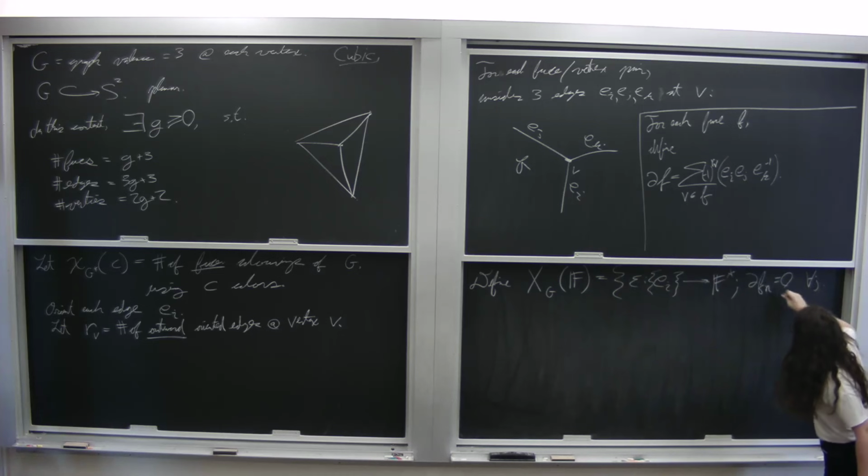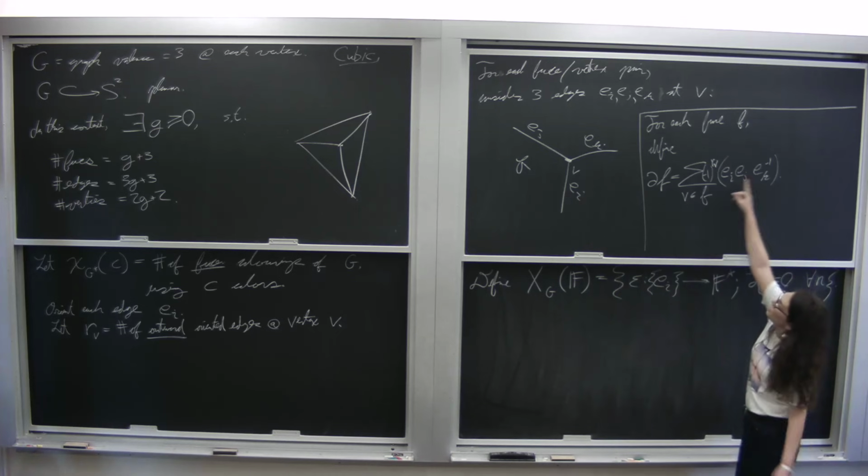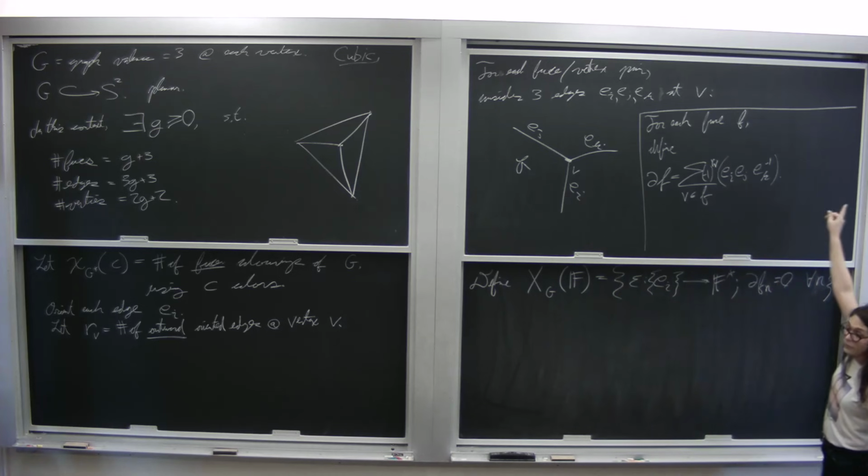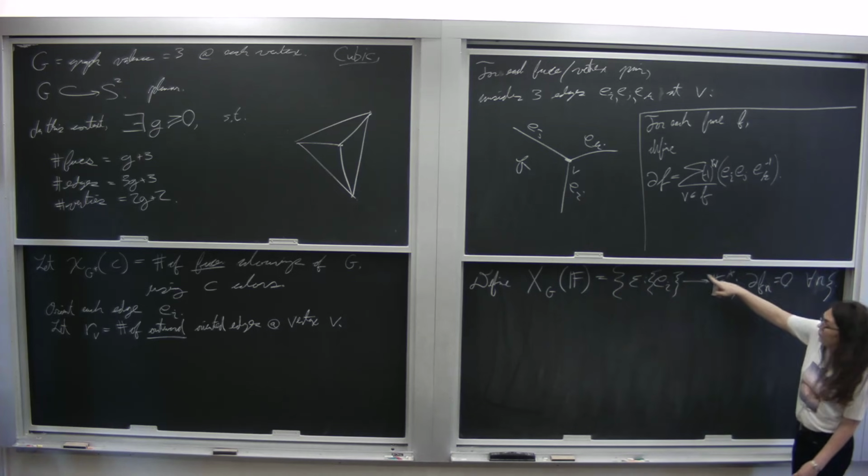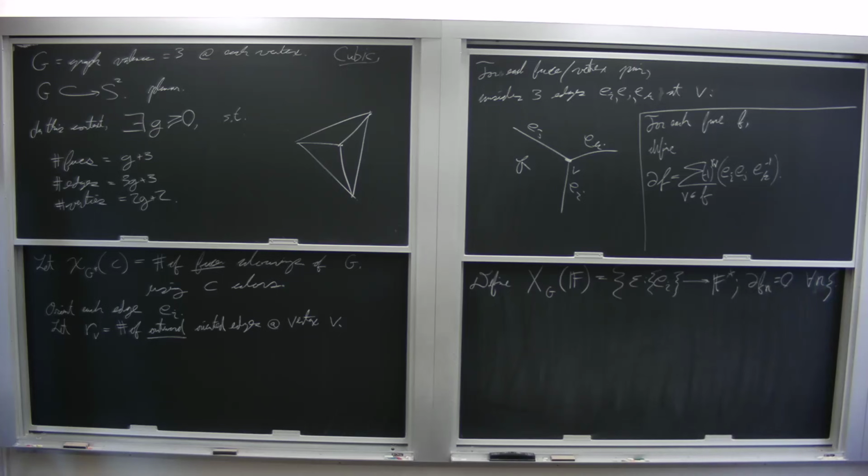Sorry, let me put n. All right, so what I'm doing is I'm taking these things that were formal, and I'm going to solve them over some field and let the set of solutions be some affine algebraic variety, right?